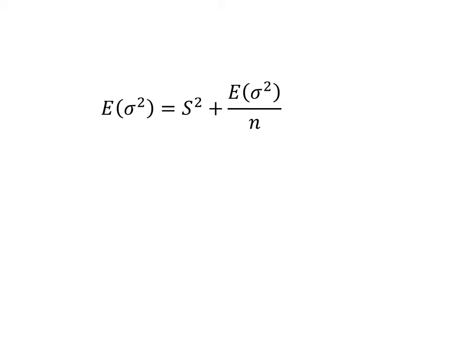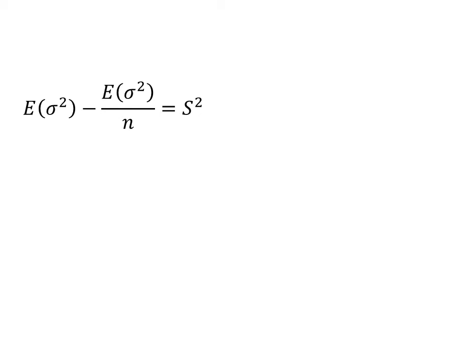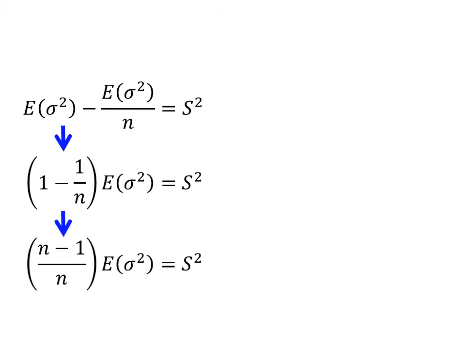And we'll subtract the expected value of sigma squared divided by n from both sides of the equation. With a little mathematical manipulation, we see that the expected value of sigma squared minus the expected value of sigma squared divided by n is equal to 1 minus 1 divided by n times the expected value of sigma squared, which is equal to n minus 1 divided by n times the expected value of sigma squared.